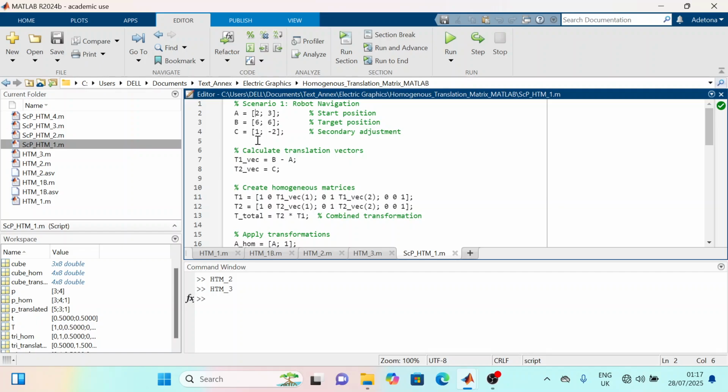The first translation factor is this. The second translation factor is this. For the robot to get to this point, it is going to make use of the translation factor here and the translation factor here. We need to find the product of that, and that is what we did here. The total translation factor is T2 times T1, and this is what we are going to use to move the object here to position C.